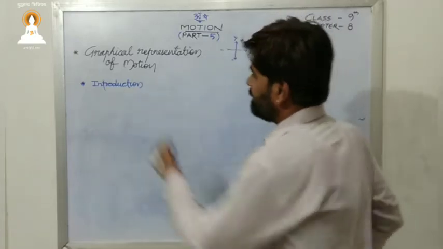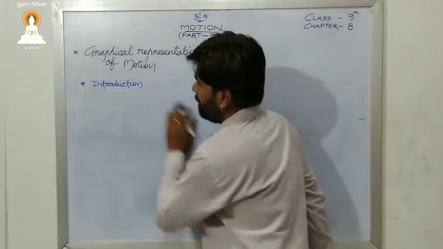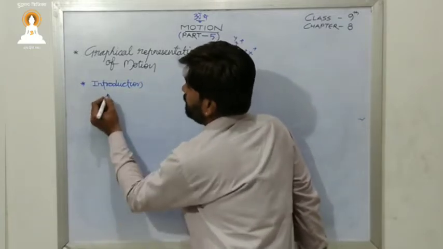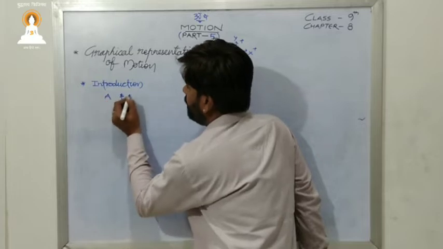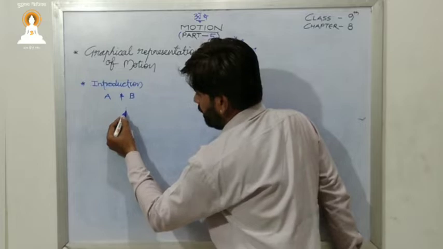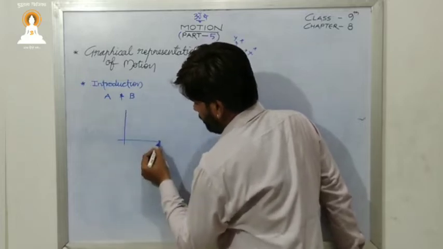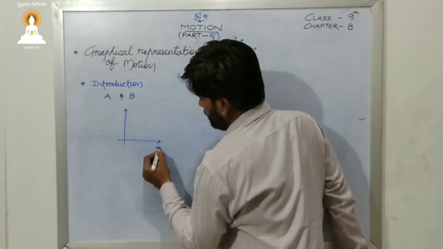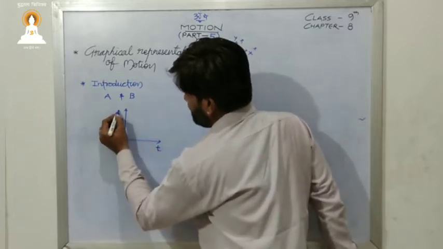General life cases, let us see. Very simple one. Again we have two students, A and B. Now let me draw a few graphs. Let me take time here and distance here.